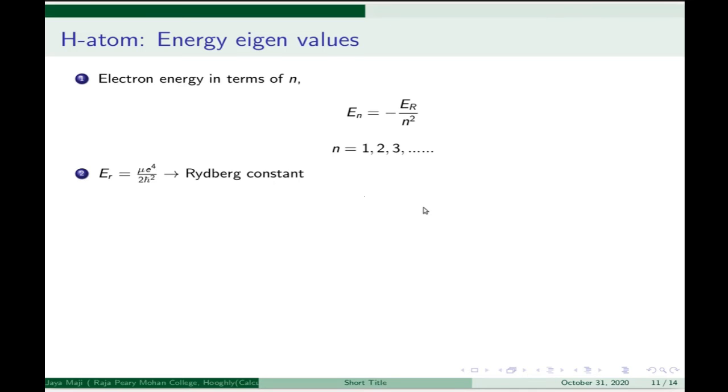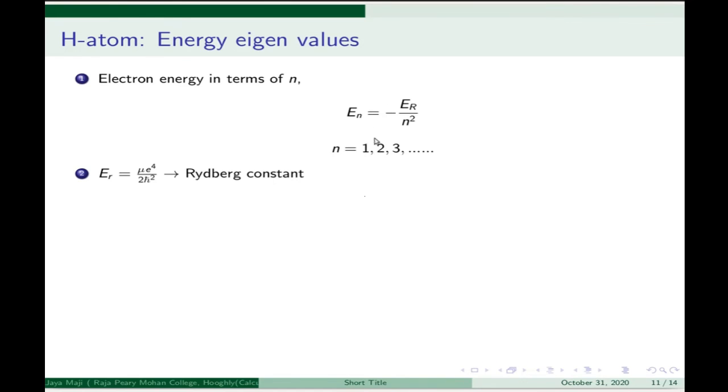If we put the upper bound in order to keep the solution finite at a large distance, and it is related to the eigenvalue E, and therefore we can write E as the following, where E is a function of n, so we put the subscript n, and this negative sign is to denote the bound state of the hydrogen atom, because we choose such a potential that when the electron is far from the nucleus, energy is 0, and as we come closer, the energy becomes negative.